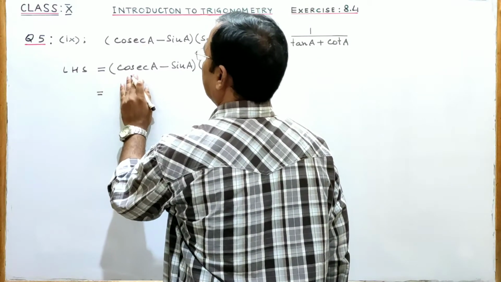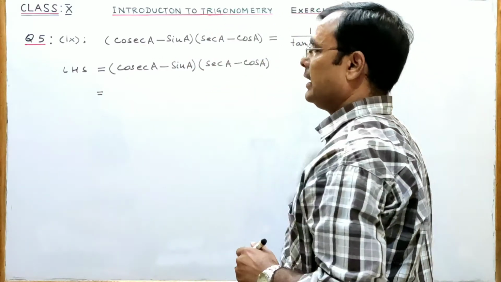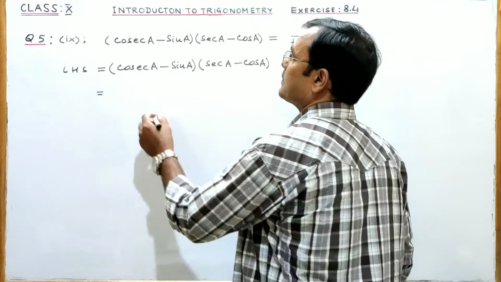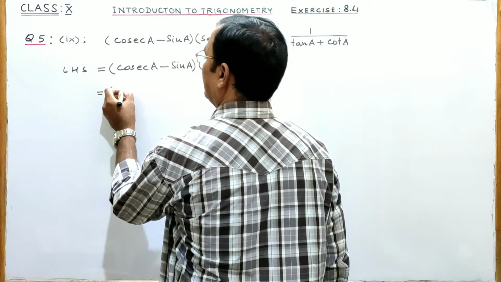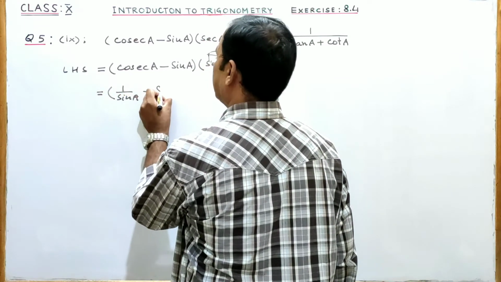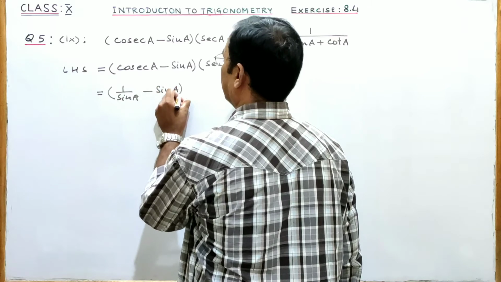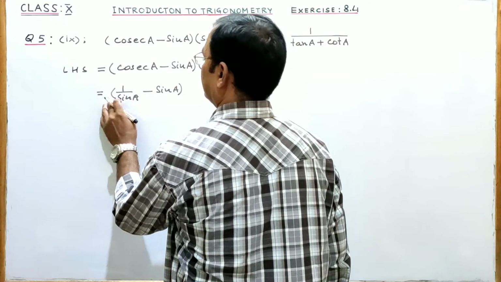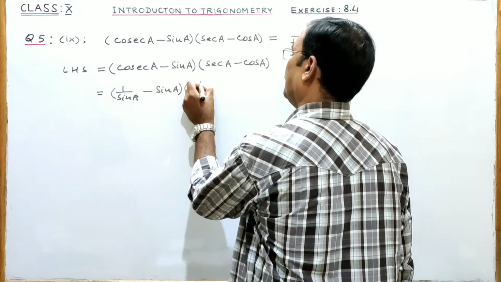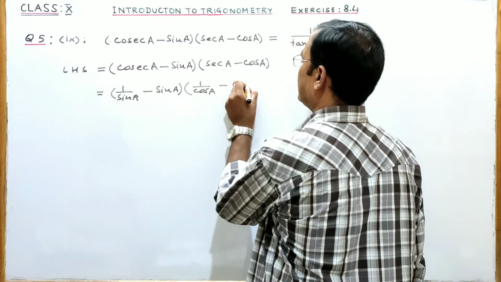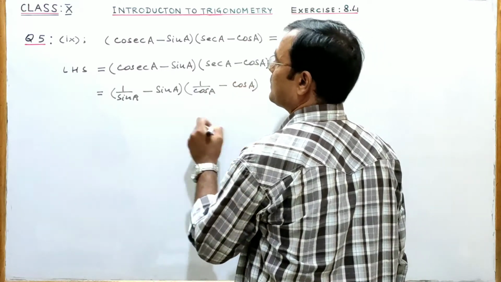First let us change this cosec A and sec A in terms of sin A and cos A. So (1 by sin A minus sin A) into (1 by cos A minus cos A).